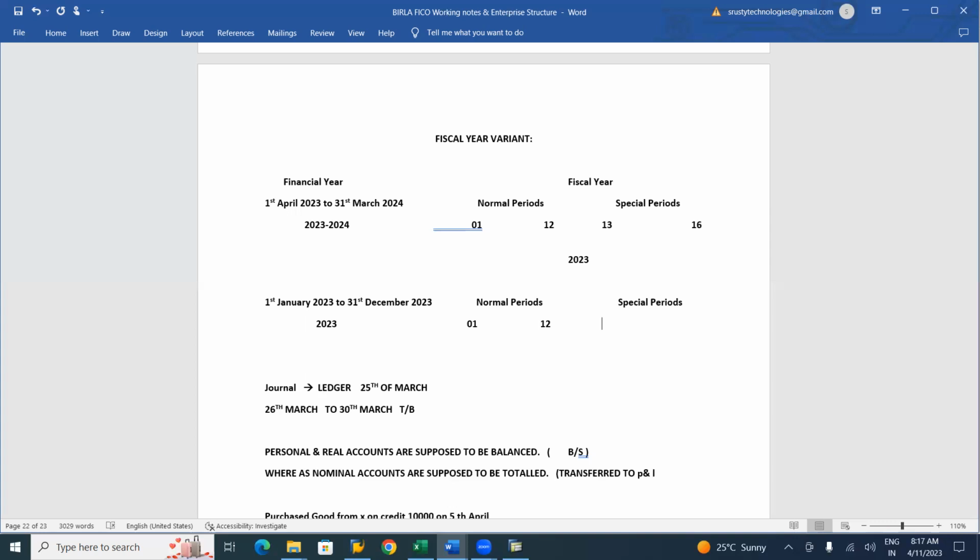And here also the 13th period is next year January, but it is considered the same fiscal year. And 16 is January, February, March, April.